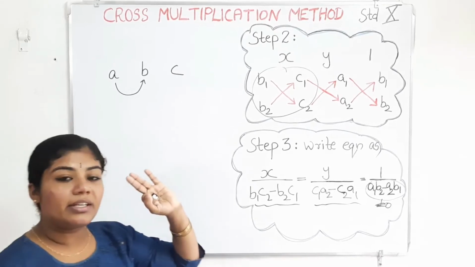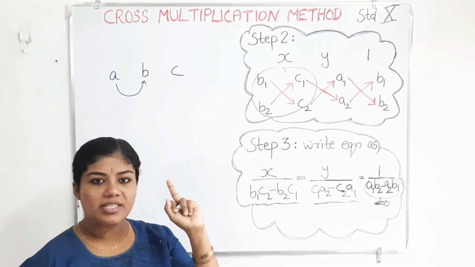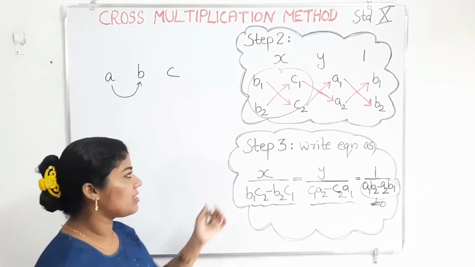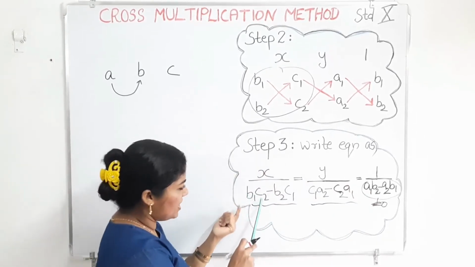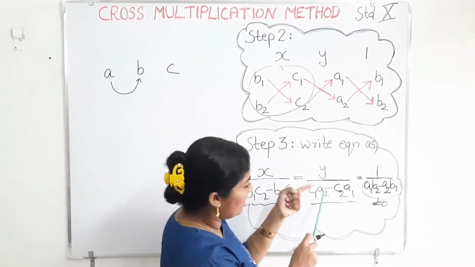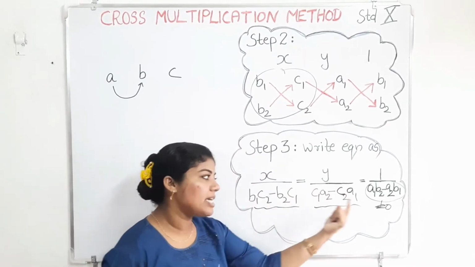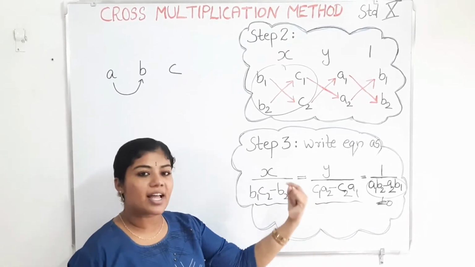So what are the variables? The X, Y and 1. What I am going to tell you is how you can write this step 3. See here: B1, C2, B2, C1, C1, A2, C2, A1. Don't get confused. How I am writing these steps and how we can do them easily, that I am telling.